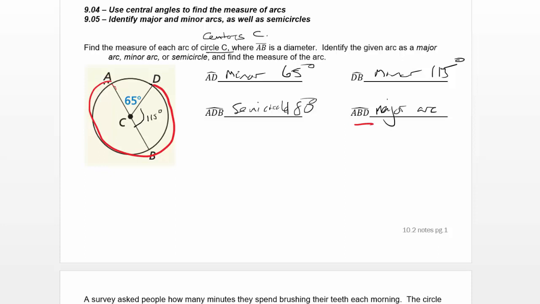Well, the minor arc that's associated with it is this little arc AD. If I had gone the most direct way from A to D, I'd have this minor arc, which is 65 degrees. The major arc is what's left over: 360 minus this small arc that I've taken out. So 360 minus 65 is 295 degrees.